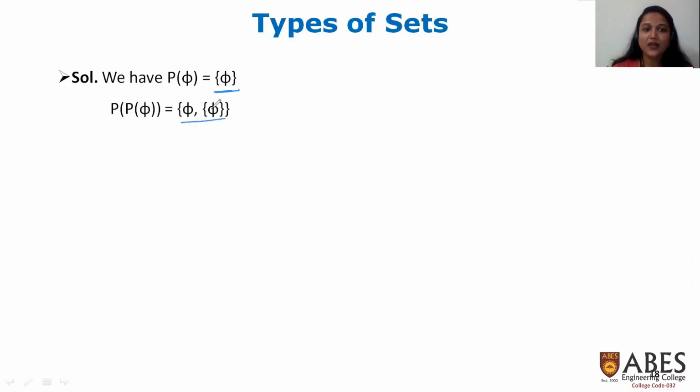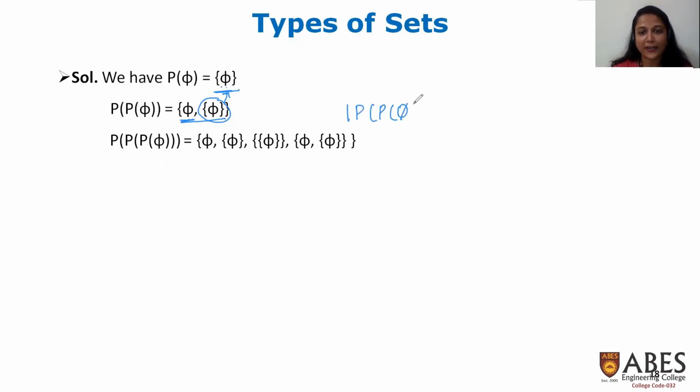Now for the second one, since the cardinality of this power set is 1, we find its power set. Therefore the cardinality will be 2 to the power 1, that is 2. So phi is a subset of every set, and this phi will then be an element. Like this, when we apply the power set for the next element, the cardinality of P of phi is equivalent to 2.